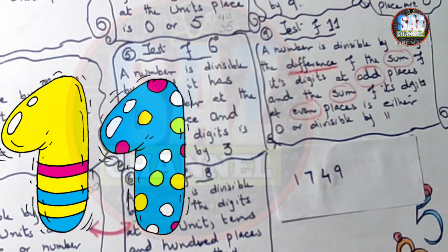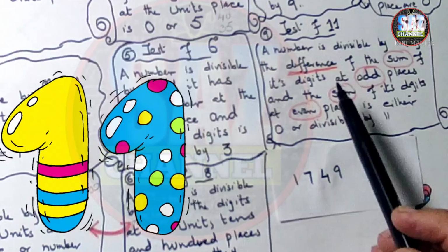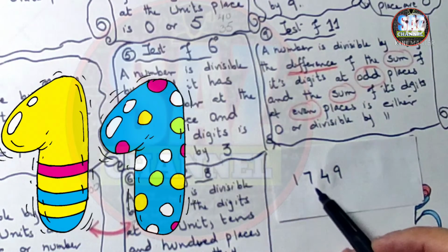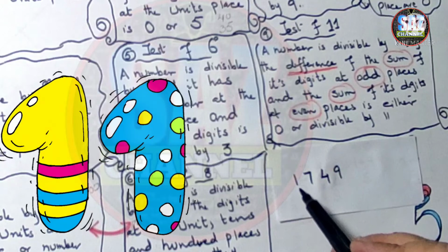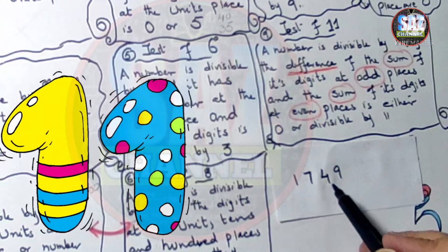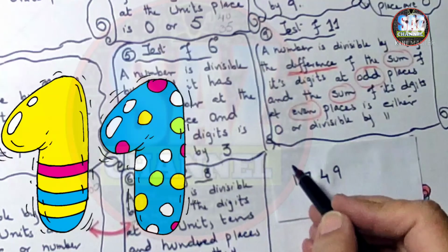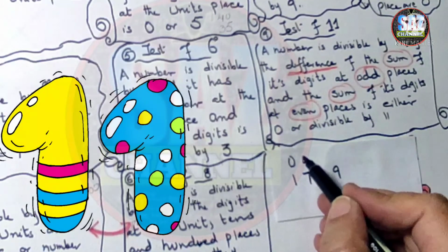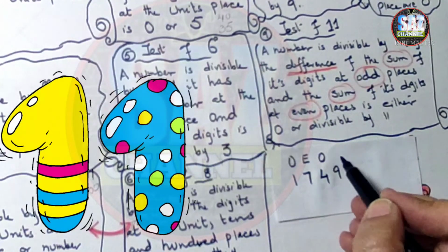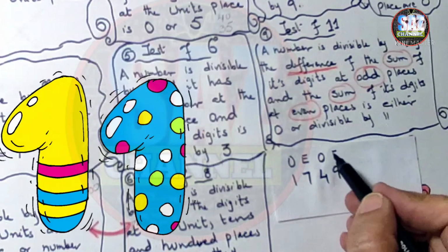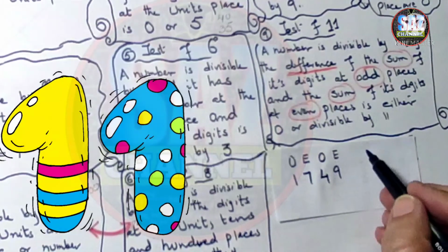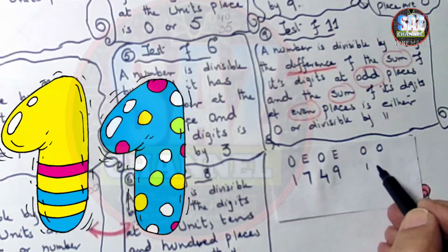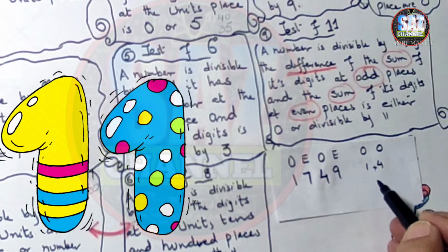Okay, try to understand the test of divisibility of 11 with the help of an example. Suppose we have the number 1749. If I take the first digit at odd place, the second is at even place, this is odd place, and this is even place. Now the digits at odd places are 1 and 4, and their sum is 5.